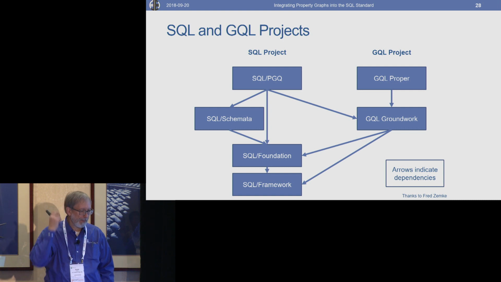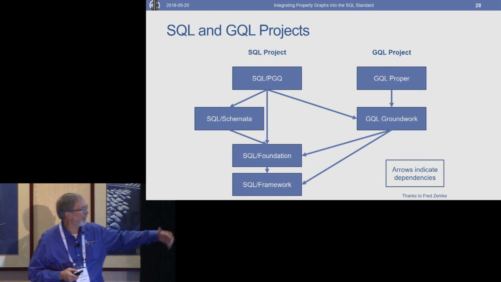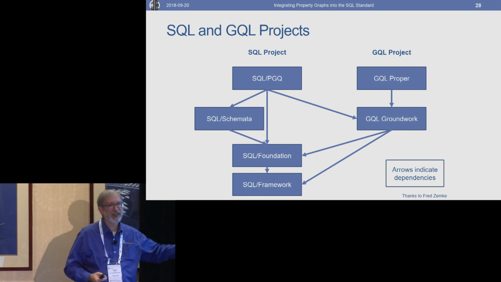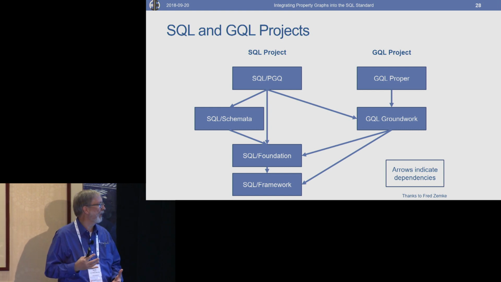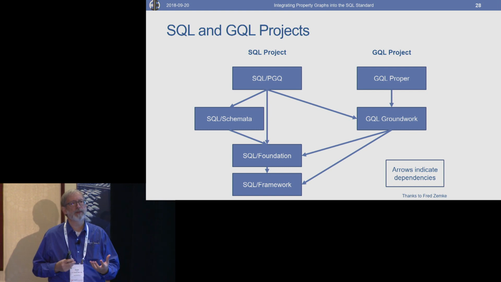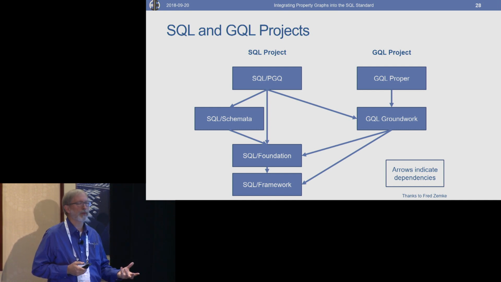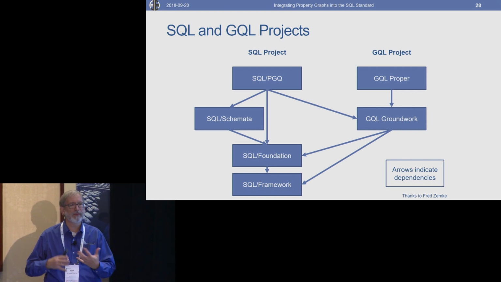Well, earlier I showed you a list of the parts. The SQL Framework part has some base stuff that's used by all the other parts. SQL Foundation has most of what you think of as SQL, including things like data types, specification for transactions. There's a part called SQL Schemata, which is the schema information tables.